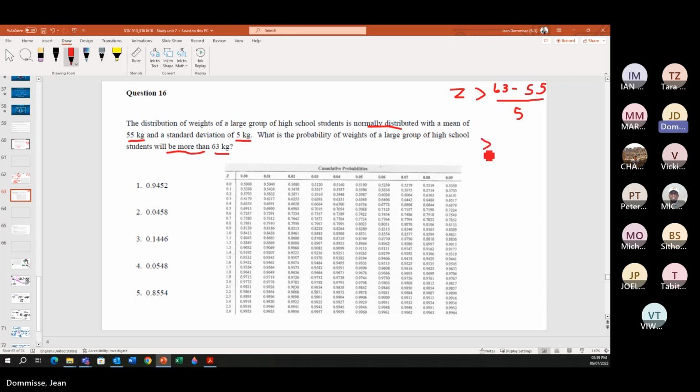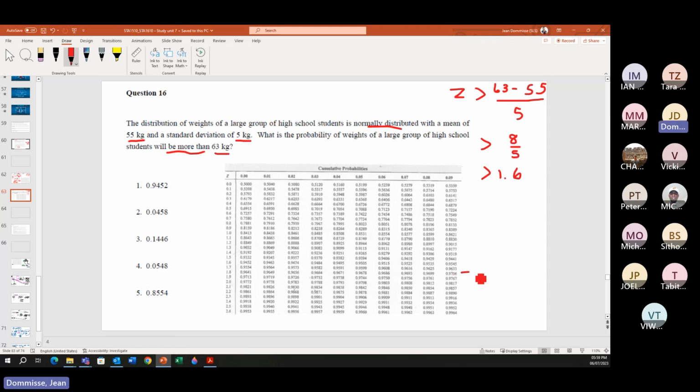So let's just see, 63 minus 55. What is that? 8. 8 divided by 5, so we're looking at Z bigger than 1.6.